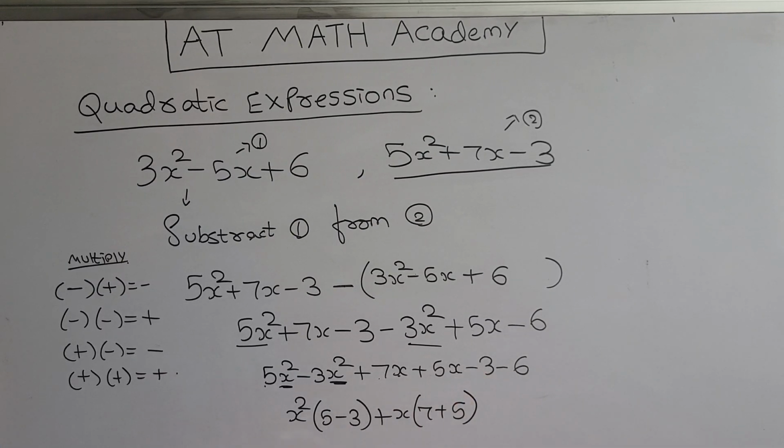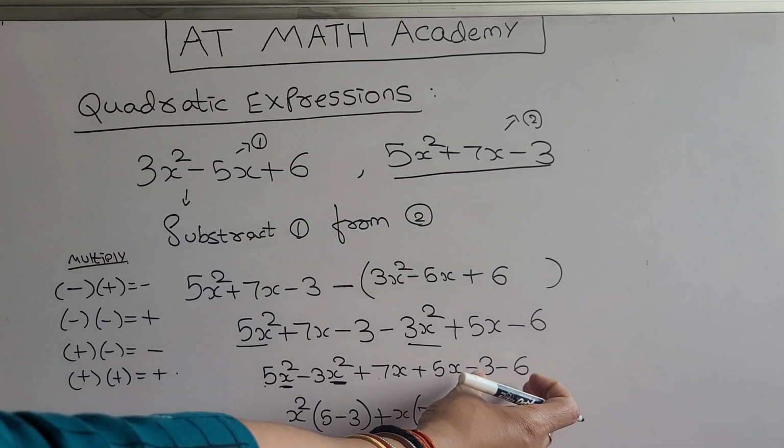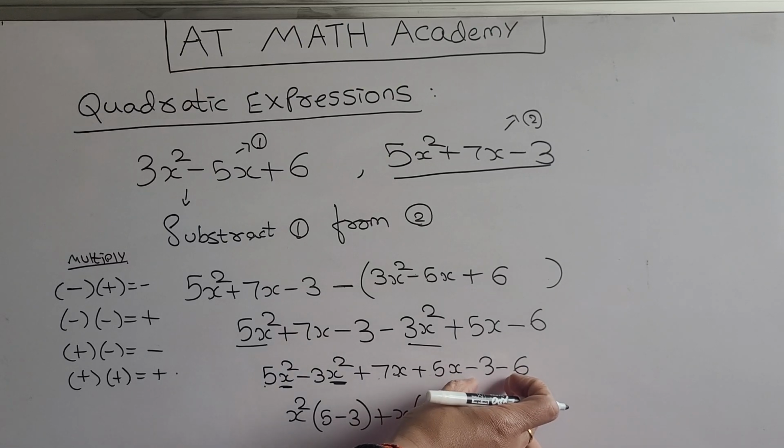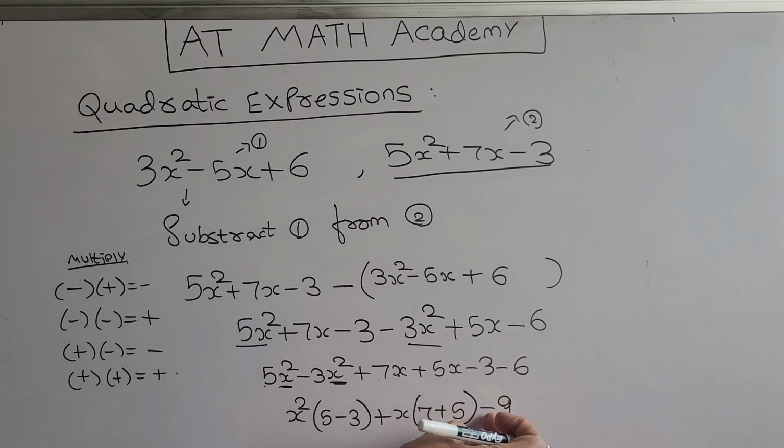For the constant values, when you add minus 3 minus 6, you will be getting minus 9. Since the sign is the same before the two numbers, we need to add the two numbers and place the sign of the numbers here.